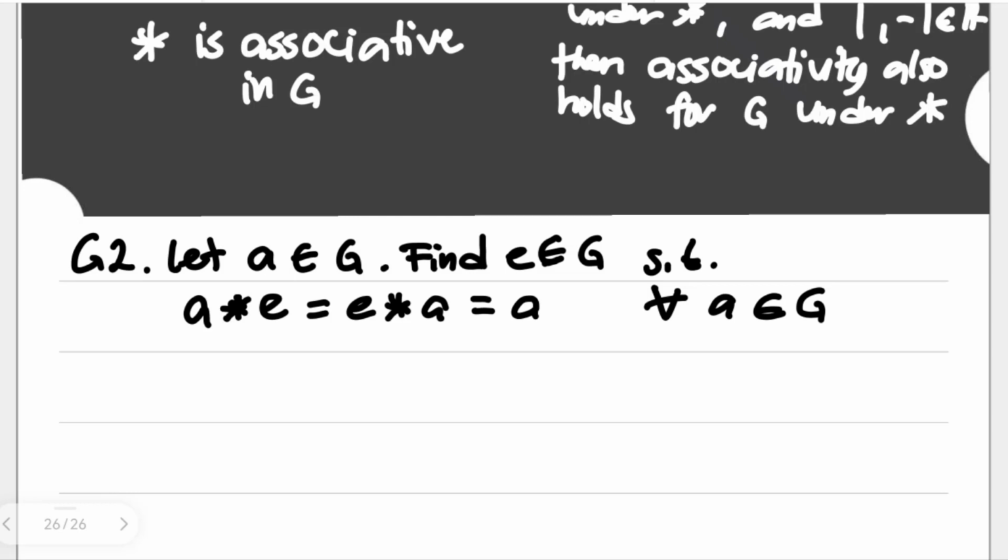But let's still check it further. If you're going to continue with this symbolically or algebraically, A star E under usual multiplication is AE.